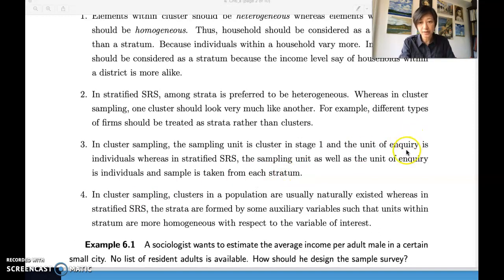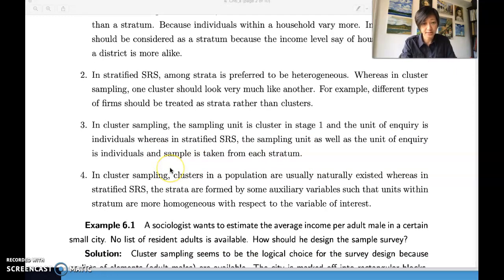The unit of inquiry would be the cluster itself, like the household itself. Whereas in stratified random sampling, the sampling units as well as the units of inquiry would be each individual, taken randomly within each of the strata.